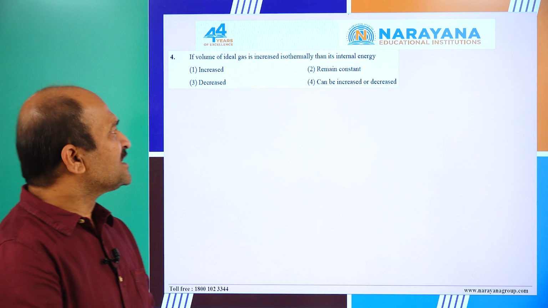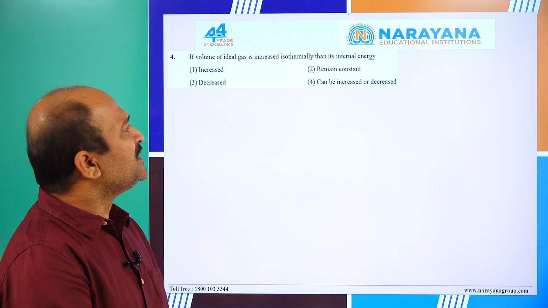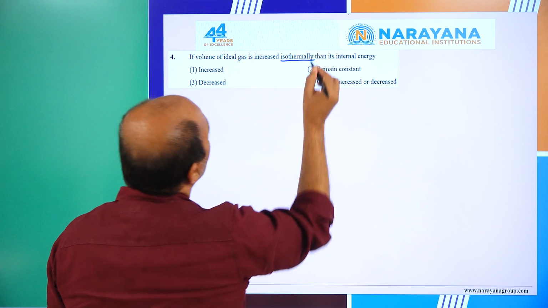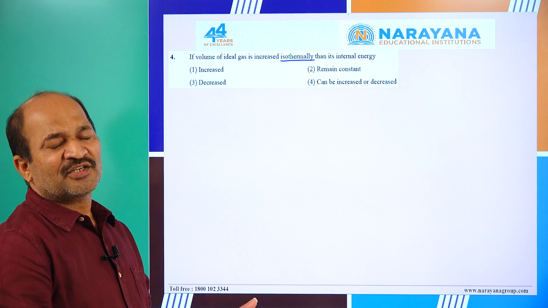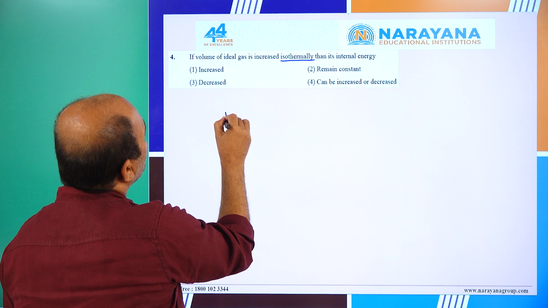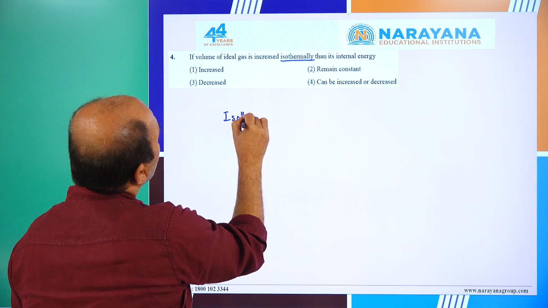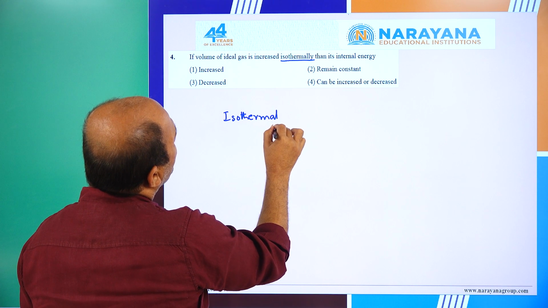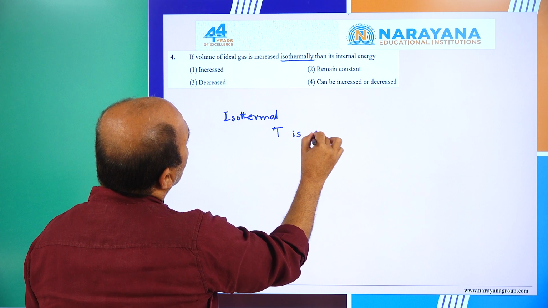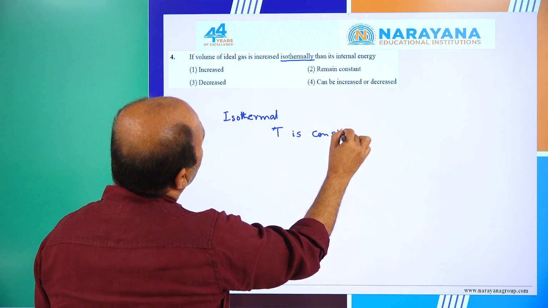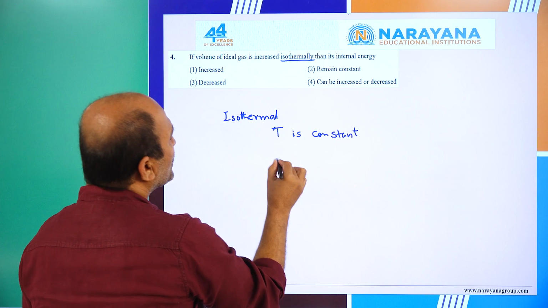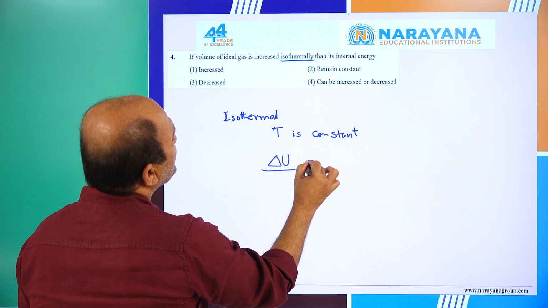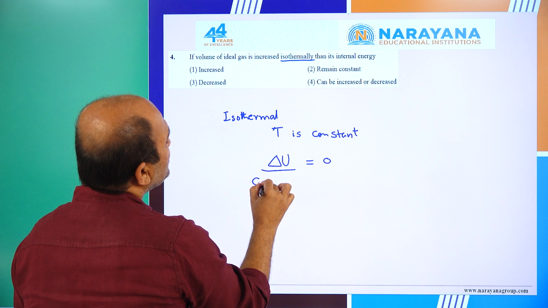If the volume of an ideal gas is increased isothermally, then its internal energy? Here students, be careful about the lines. Isothermally means temperature is constant. If temperature is constant, delta U, that is change in internal energy, is equal to 0.